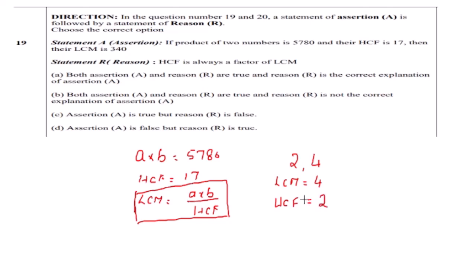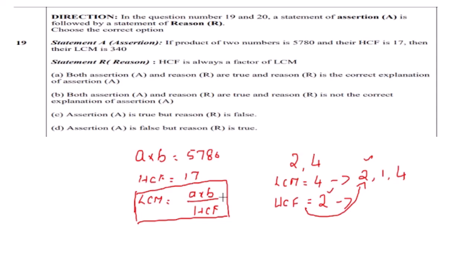Now we can see that always HCF is a factor of LCM, because factors of 4 are 2, 1 and 4, right? 2 is a factor of the LCM. So always HCF is the factor of LCM, no doubt at all, right? So it is a true statement.